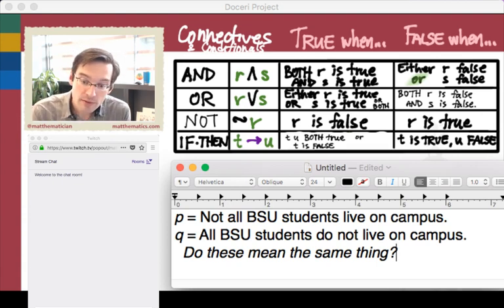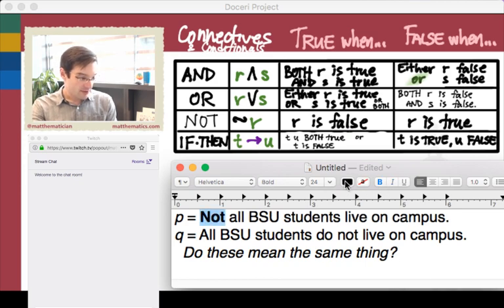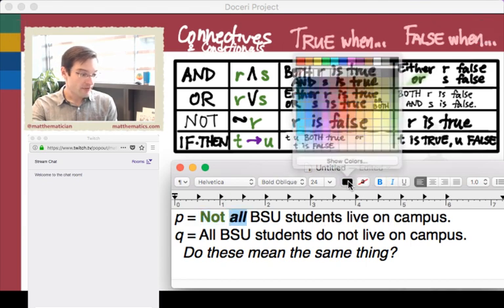And why people get so turned around is that the words that I've used to write these two logical propositions are almost identical. All I've done is change the order, right? So P here has this keyword not. It's one of our logical connectives. It also has this other keyword all, which is one of our quantifiers.